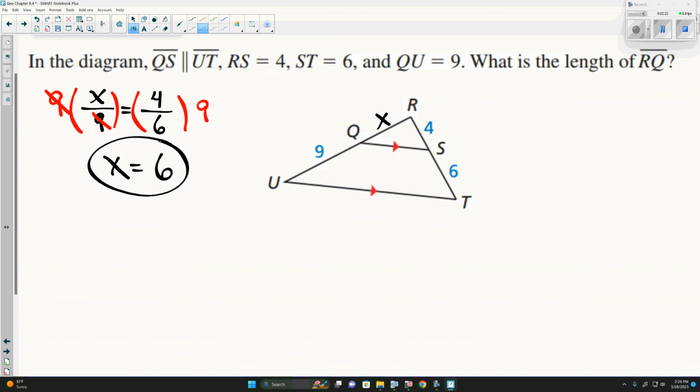So X is 6, or we can say that RQ is equal to 6. Really we're saying that the length of RQ is 6. Questions on this here?